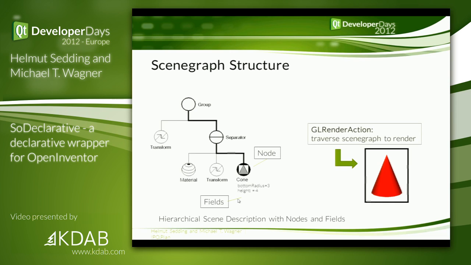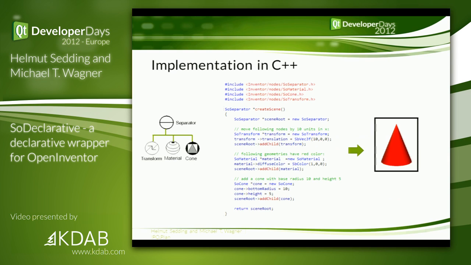So I have parameters for the nodes. For example, on the cone, I can define a bottom radius, which changes the geometry of the item. So how would I do that in C++? It's a C++ library, right?